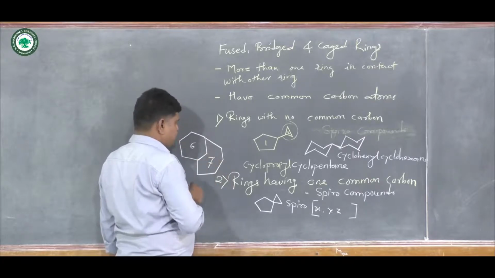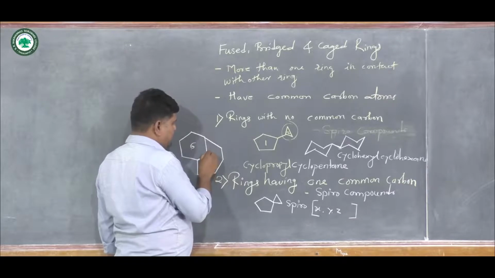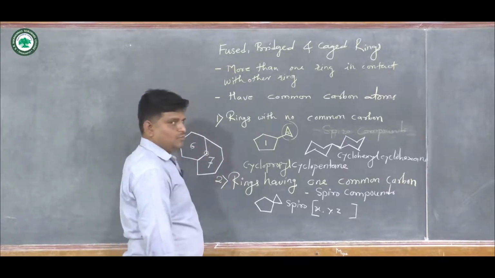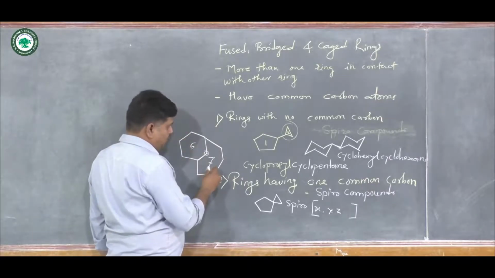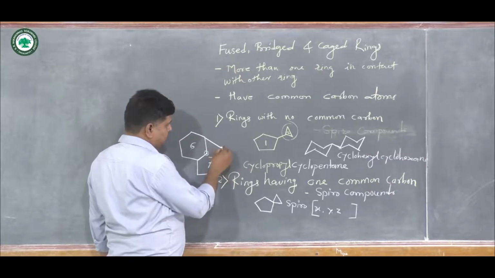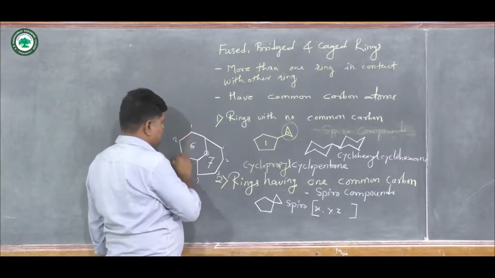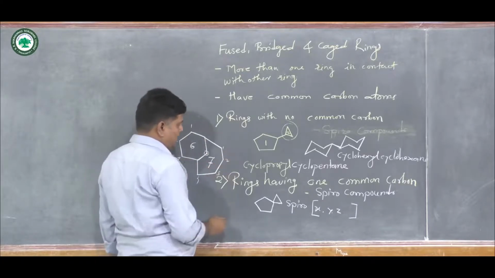This is a 7-membered ring and this is a 6-membered ring, and one carbon atom is common between the two rings. How many uncommon carbons are there? 1, 2, 3, 4 in one ring, and 1, 2, 3 in the other.